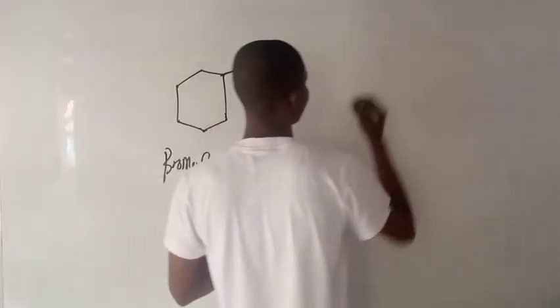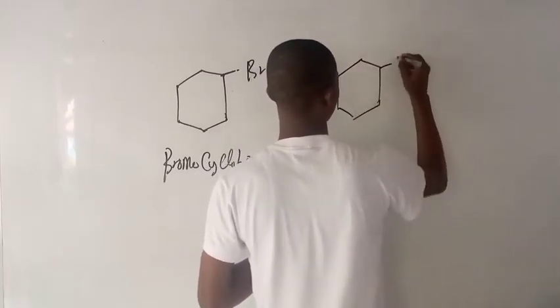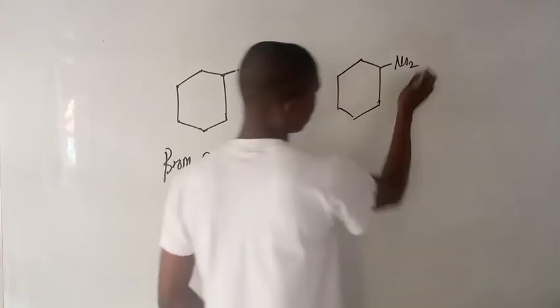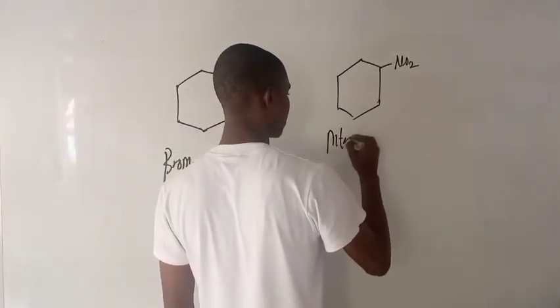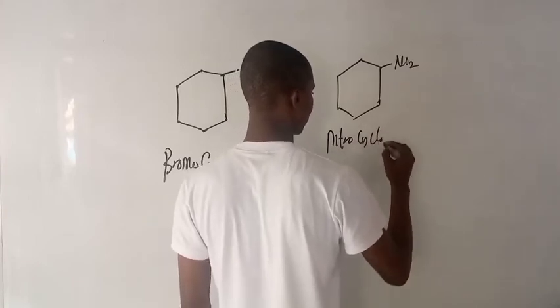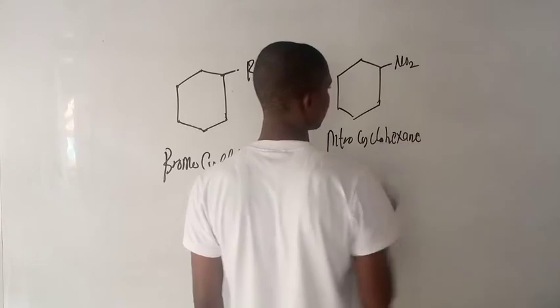If I have something like this, what will be the name of this compound? It's going to be nitrocyclohexane.